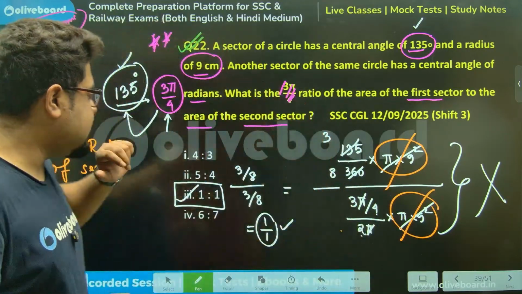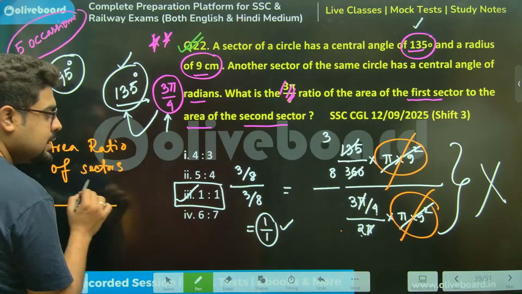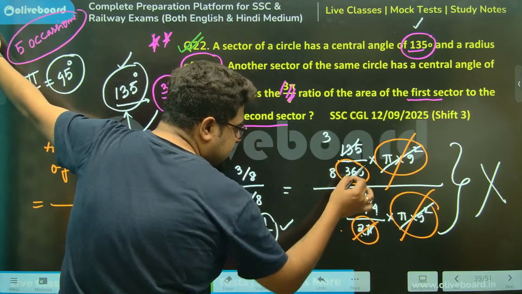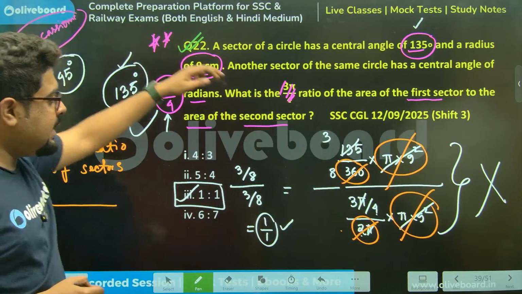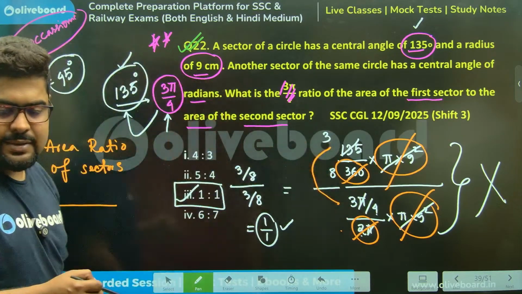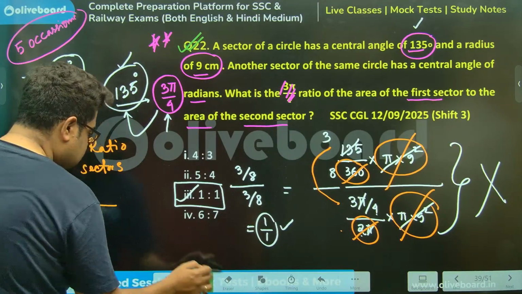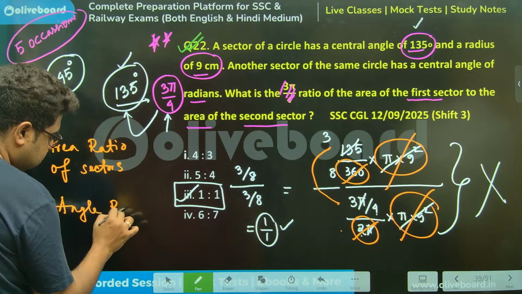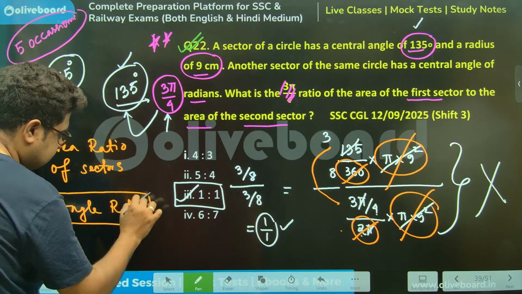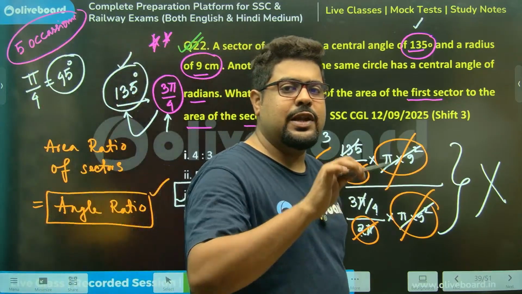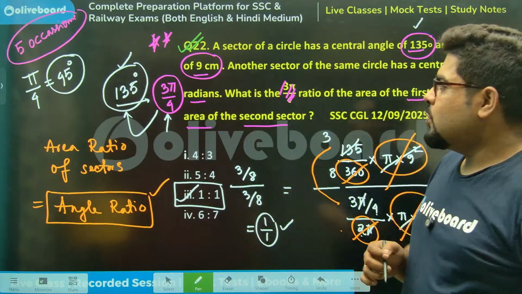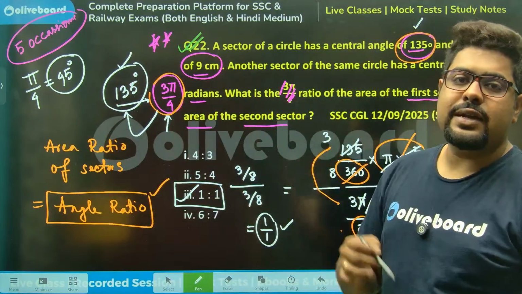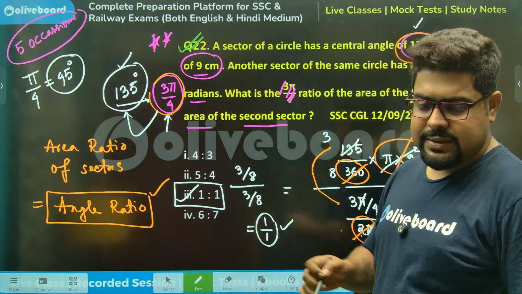Then it depends on the angles, and 360 and 2 pi are both the same, so it also cancels. So ultimately this is nothing but the angle ratio between the sectors. The area ratio will be nothing but your angle ratio.